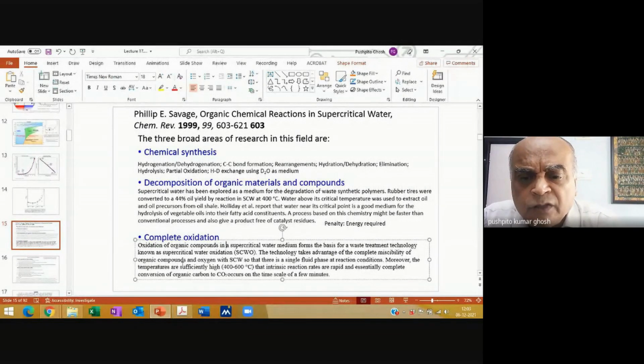The third, of course, again a very important point, is that merely because I have reached such a high temperature, the supercritical temperature, naturally it's easy to overcome the activation barrier of the reaction because of the Arrhenius equation. So you can actually carry out many of these degradations of wastes in aqueous effluents in a matter of minutes.